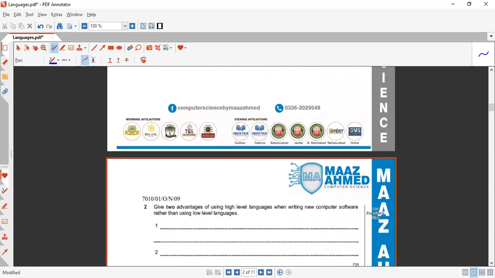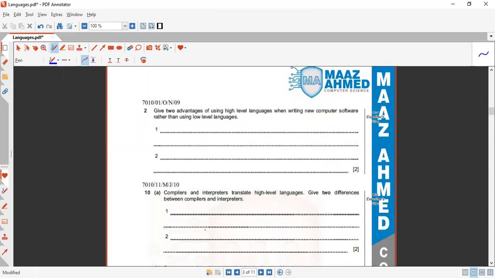Okay, then we do have another question. Give two advantages of using the high level language when writing computer software rather than using low level. So we can repeat one part. Easy to debug. And apart from that, yes, any idea, guys?